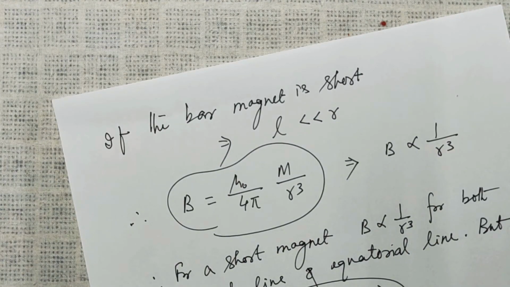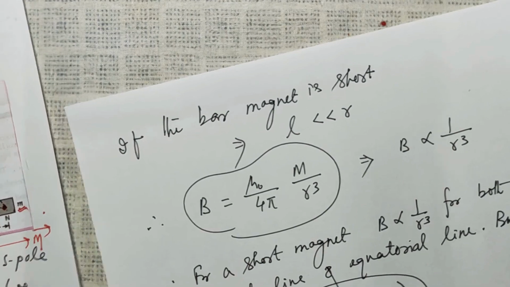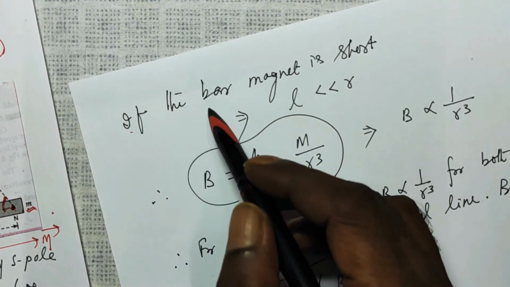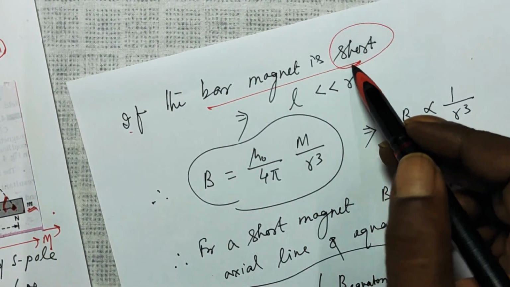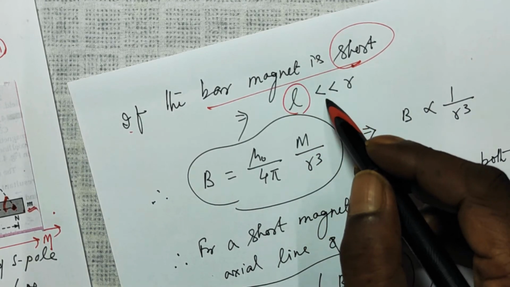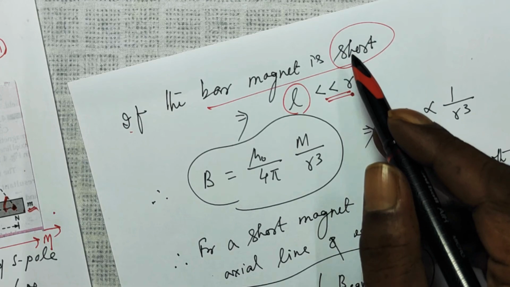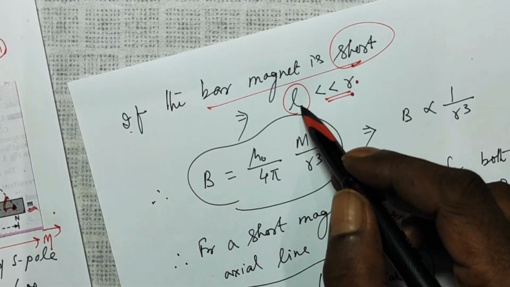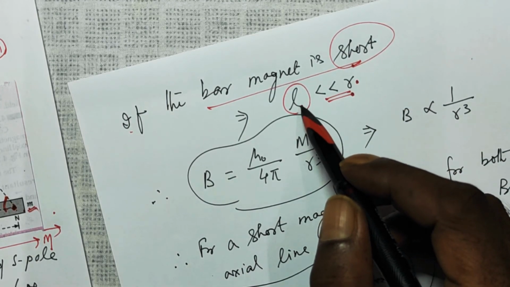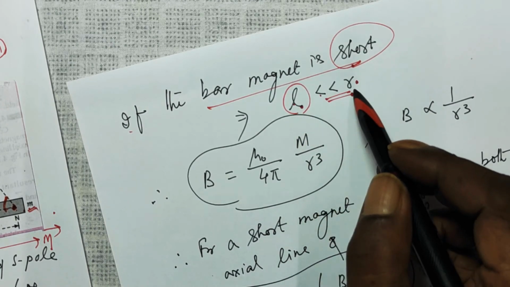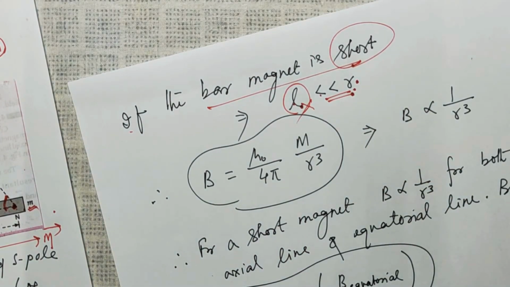Now the question is, if the bar magnet is very, very small, very short, means L is very, very less than R, means the point of observation is far off, but the length of the magnet is small. So in comparison, L is very, very less than R, so L can be neglected.